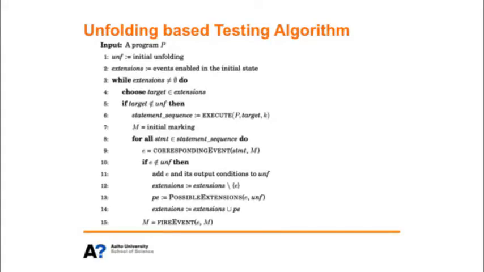If that is not in the unfolding, then we figure out what the actual concrete execution is to get us to that state, and we also figure out whether that is actually executable as far as the guards are concerned.